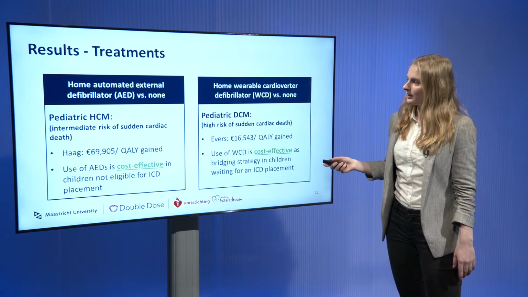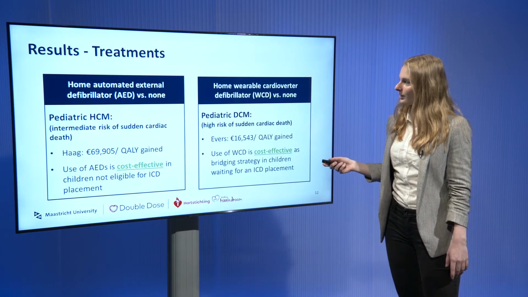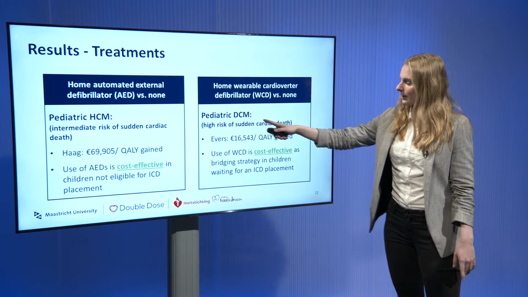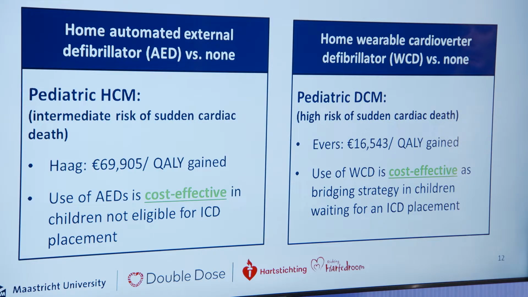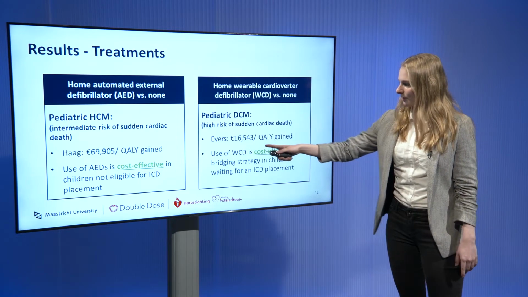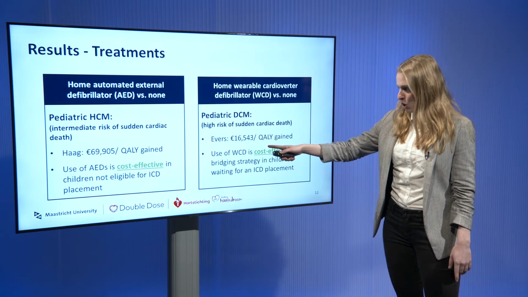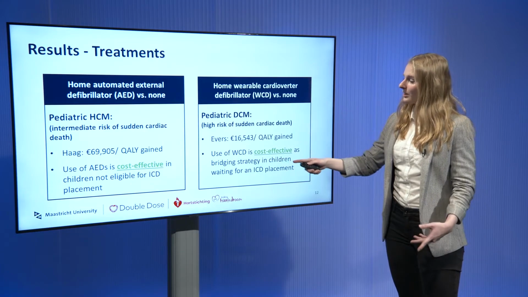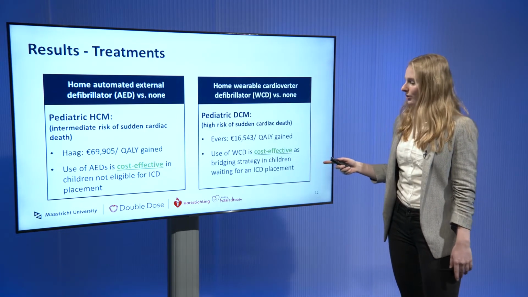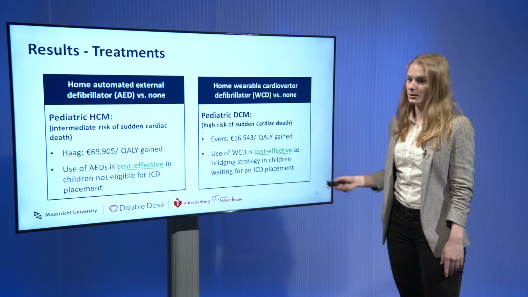Then we had 1 study dealing with wearable cardioverter defibrillators versus none. And also here, a pediatric cohort was analyzed, this time in DCM, and these children had a high risk of sudden cardiac death. And also here the ICER is very low, so here the recommendation was that the use of VCDs is cost effective as a bridging strategy in children waiting for an ICD placement.